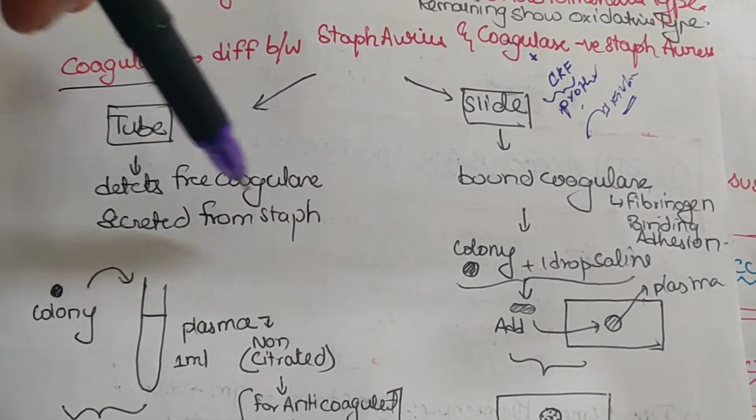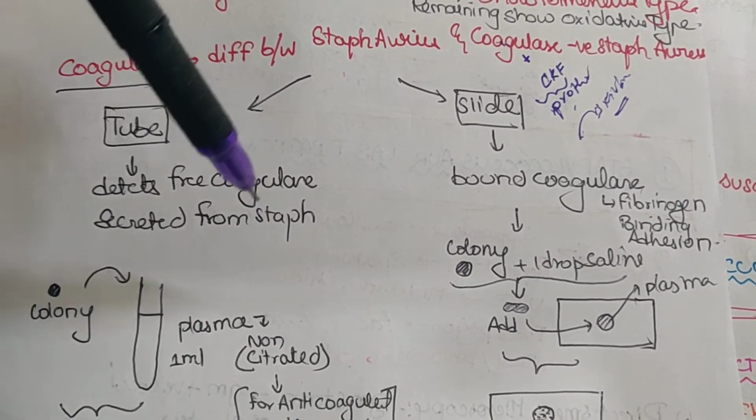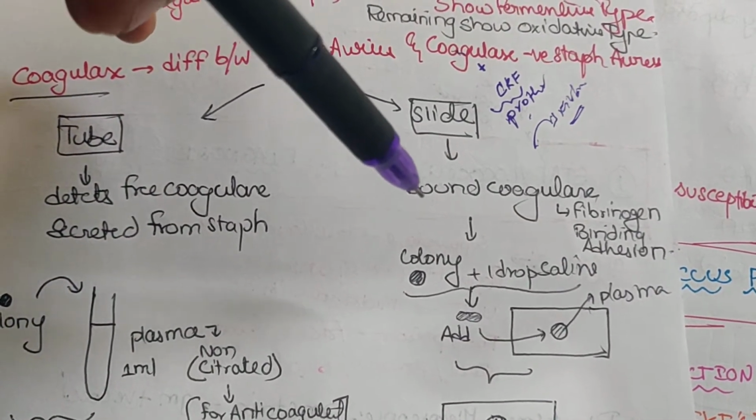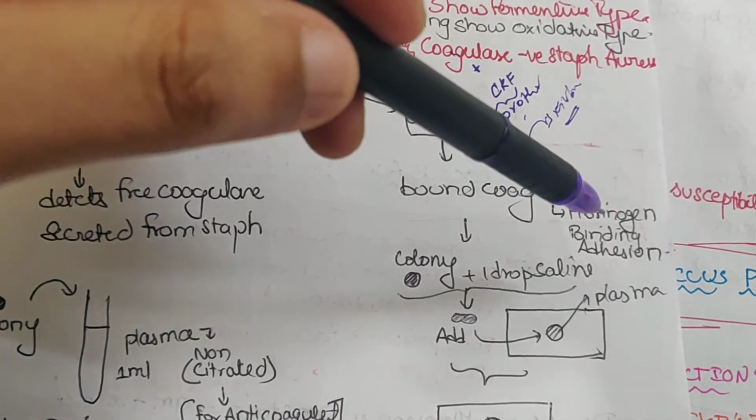So tube coagulase will detect the coagulase that is secreted from the Staph aureus, and slide coagulase will detect the coagulase that is bound to the fibrinogen.